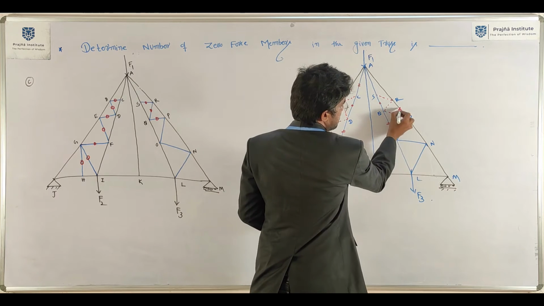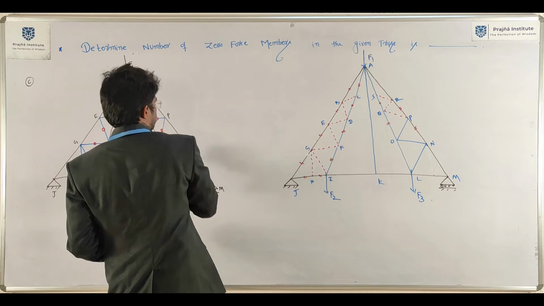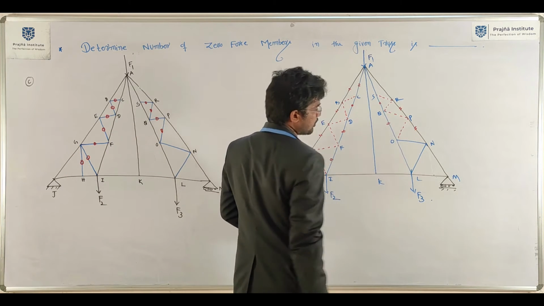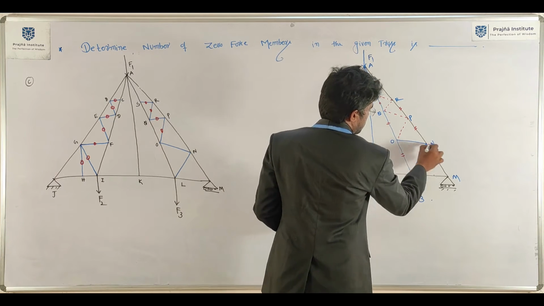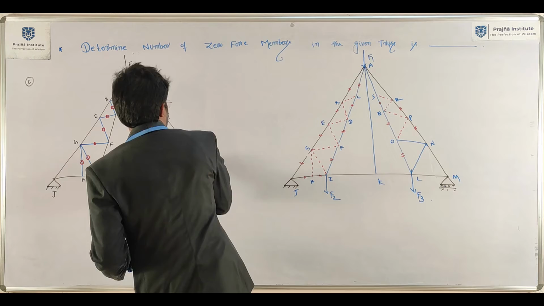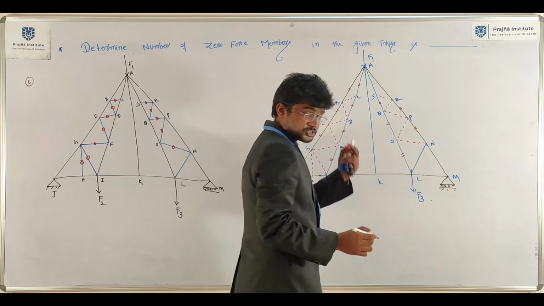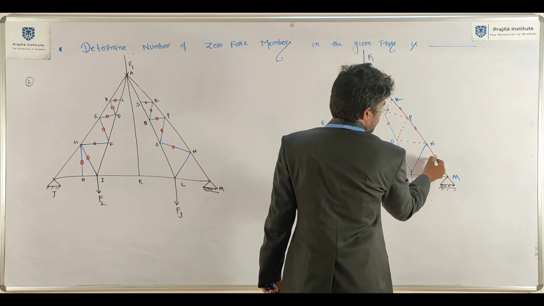Okay, so apply the same logic. These two are collinear. Force in OP equals 0. Then these two are collinear. Force in ON equals 0. This is a 0 force member, so no need to count it. These two are collinear.